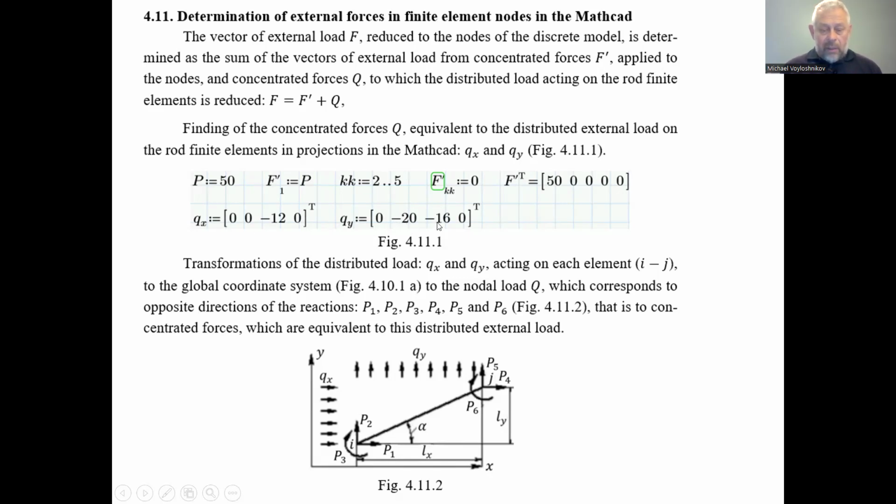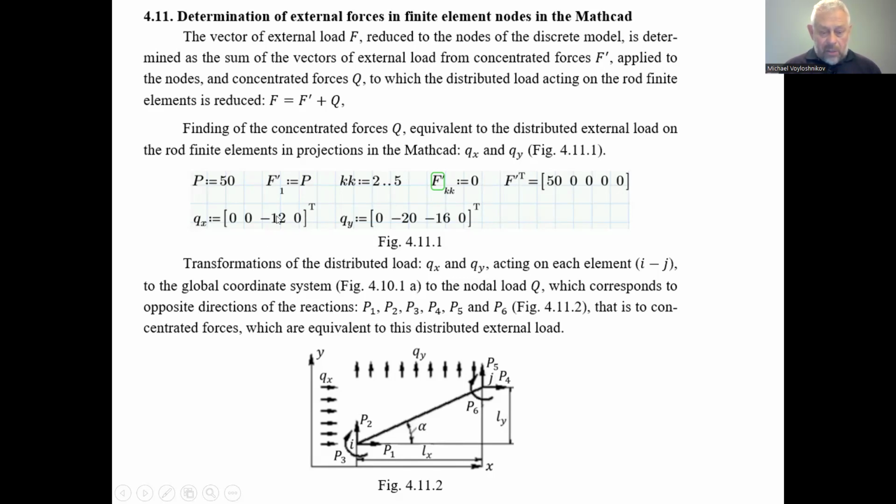The third finite element is the inclined one. We have assigned components of the distributed load acting along the length of the inclined finite element number 3 between the nodes 3 and 4. So the magnitude of the distributed load projection on the abscissa axis is -12, because the distributed load is directed to the left, while the direction of the abscissa axis is to the right.